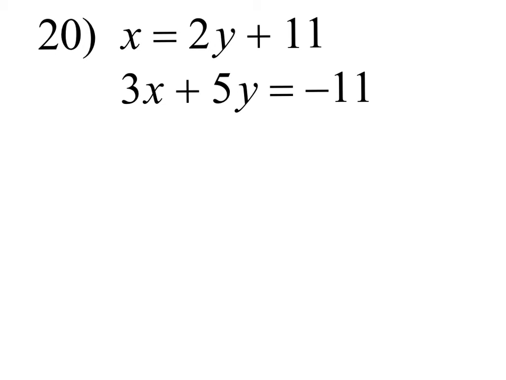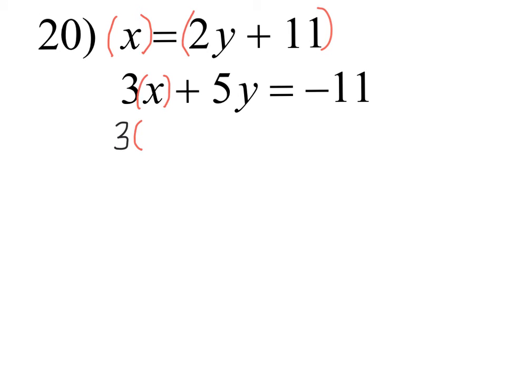All right, the last one I'll do with you is number 20. Number 20 tells me that I can take an x and I can replace it with 2y plus 11. I'm going to take the x out in my other equation, have a 3, parentheses.